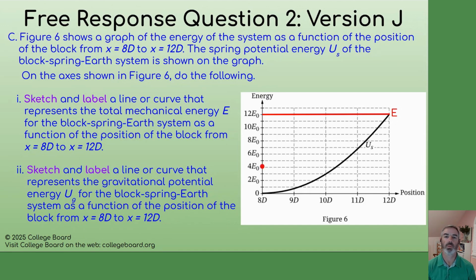When it gets to a position of 12d, we end up with 0 gravitational energy. And if we look at our equation, UG equals mg delta y, and UG and delta y are directly proportional, which means that this graph is going to be a linear function. So we draw our graph and label it UG. So this is our graph of total energy being constant, and the gravitational energy decreases linearly as a function of position.